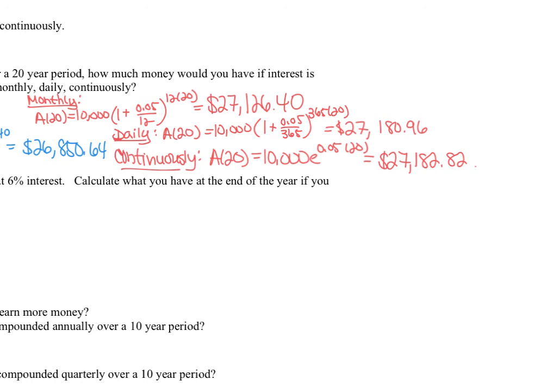So you can see the more times it's compounded per year, the closer it gets to my amount compounded continuously. So it makes sense that your best investment at the same rate would be to go with compounded continuously, because you're continuously making money off of your principal and the interest that you're gaining.